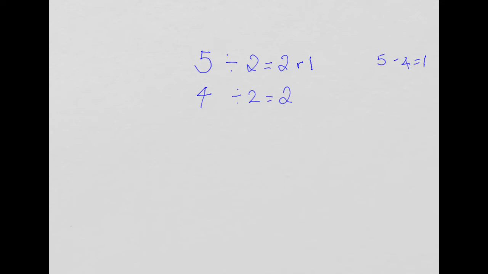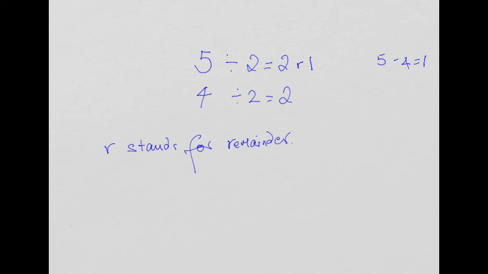So R stands for remainder. And a remainder happens when we have to change the number that is being divided because that number is not in the table.